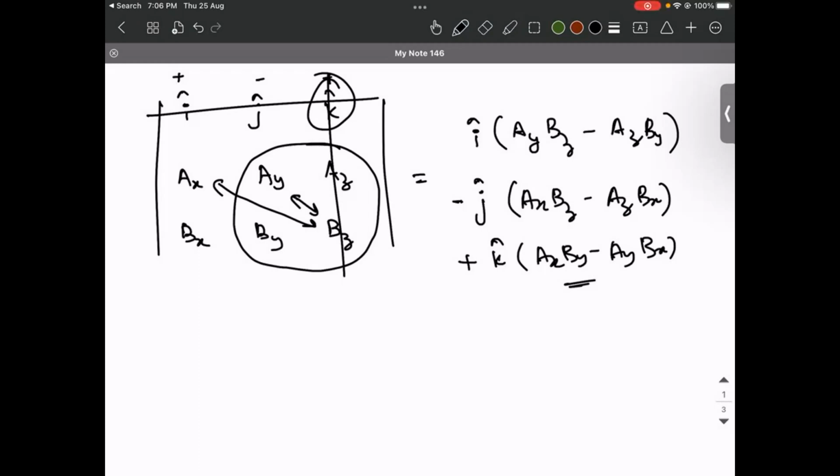So i into (ay bz minus az by). Was it there? Minus j cap into (ax bz minus az bx). Is it there? Yes. Plus k cap into (ax by minus ay bx). That's how you find the cross product.